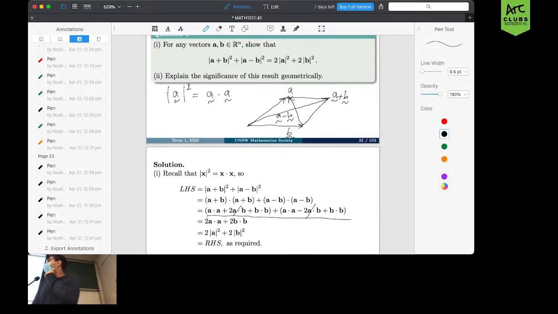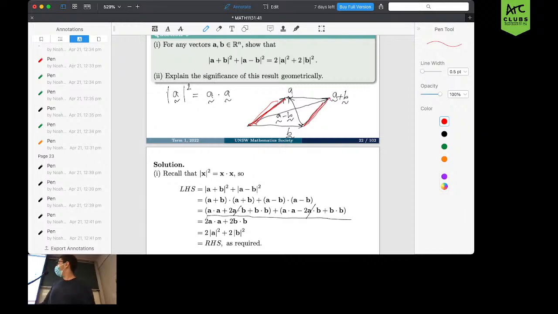And then let's look at the right-hand side. We have 2 lots of the magnitude of vector A squared. Well, that's 2 lots of the length of this side squared, or otherwise, it's the length of this side squared plus the length of this side squared.